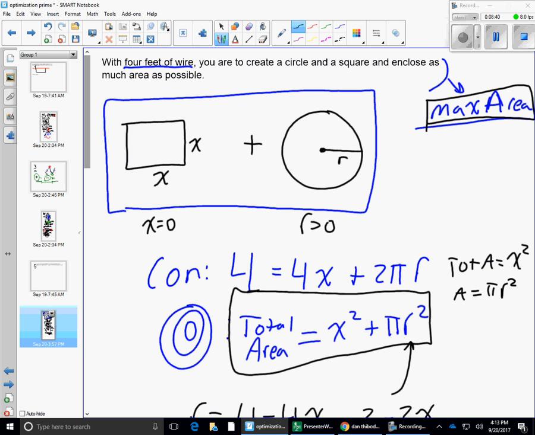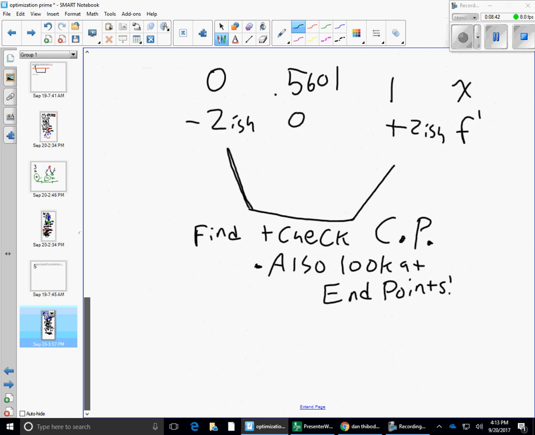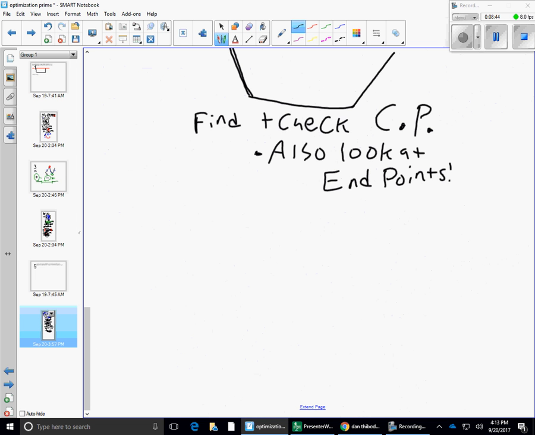So let's try each. So let's say if x equals 0 and if r equals 0.